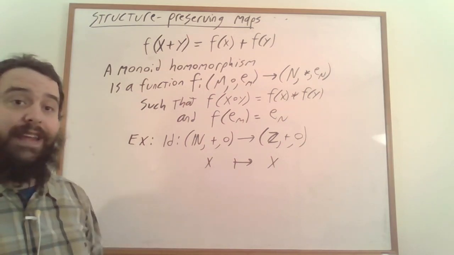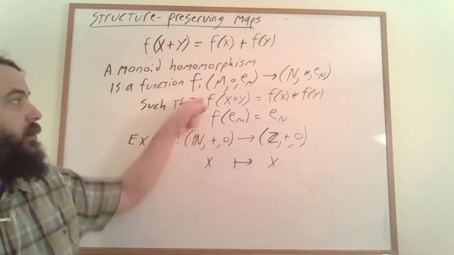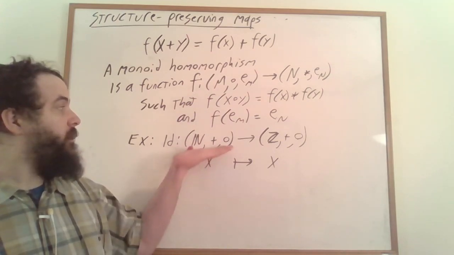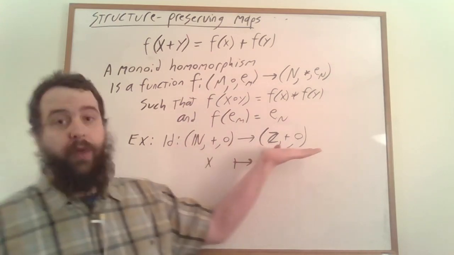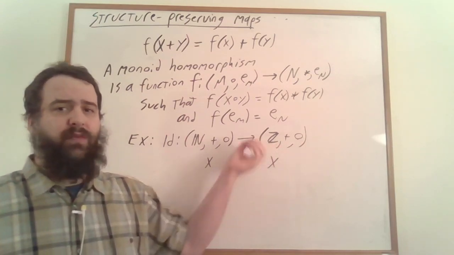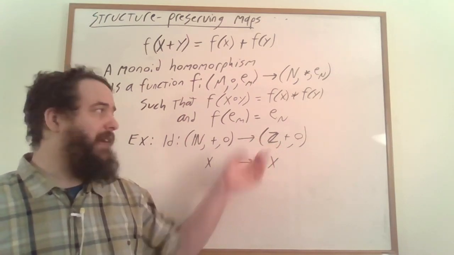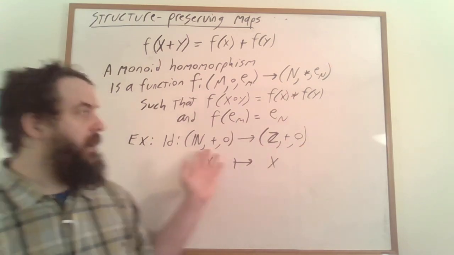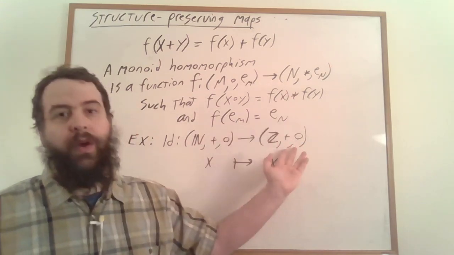You can check very easily that this satisfies these two properties of monoid homomorphisms, but this doesn't really let us translate properties of the natural numbers to properties of the integers. It really just tells us things about a specific subset of the integers, specifically all of those things that get mapped to by this function.